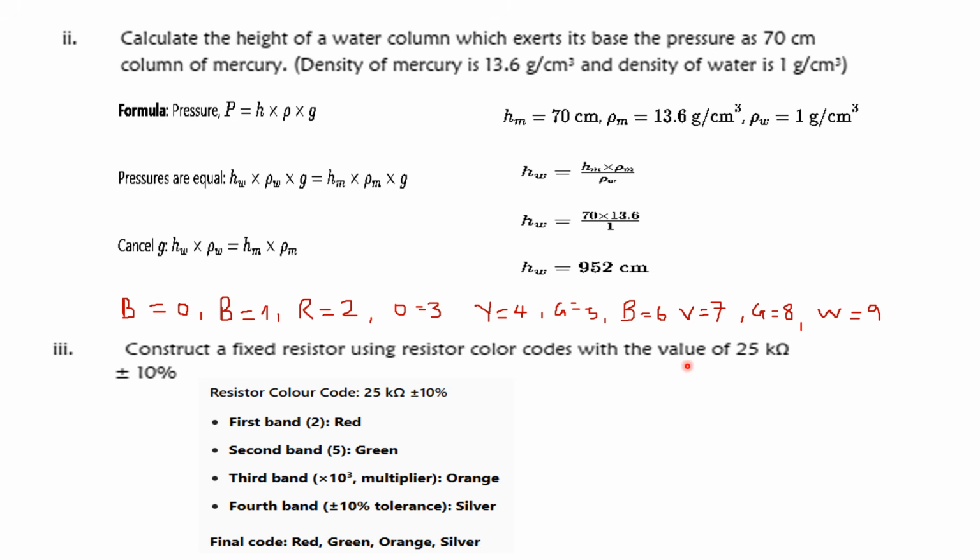Right, so we have 25,000 ohms, kilo, plus and minus 10%.